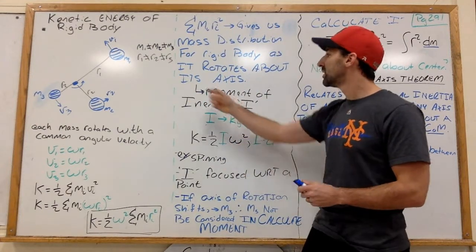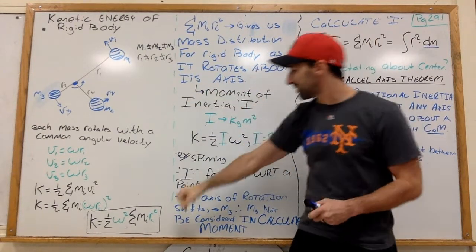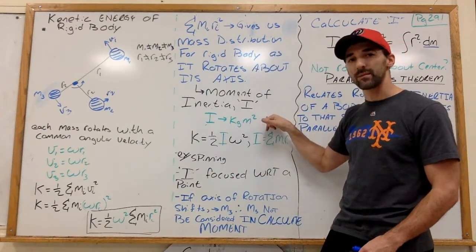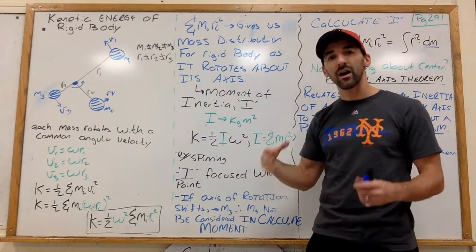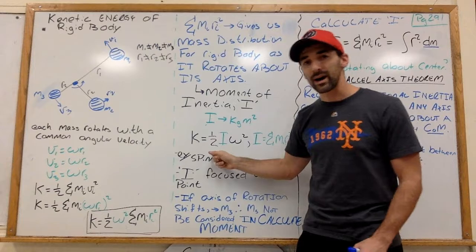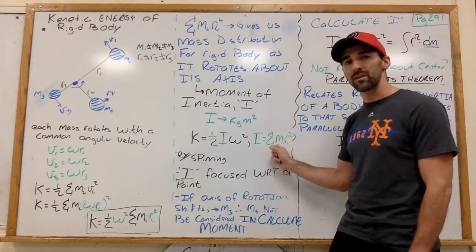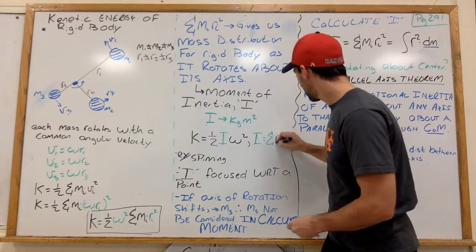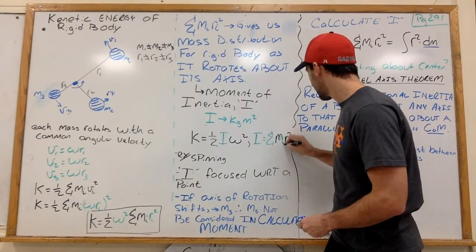Is it easy to spin? Which means I, mr squared, has a unit of kilograms times meters squared. So my kinetic energy of a rotating object is 1/2 I omega squared, where I is just the sum of all the masses times the radius squared, mr squared.